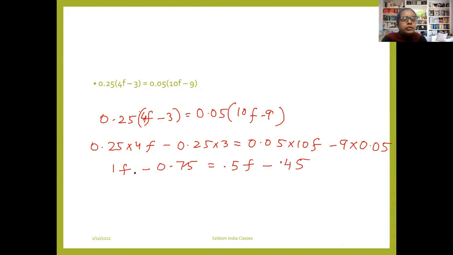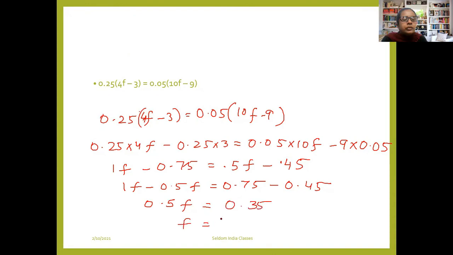Okay, move the f terms to the left hand side. 1f minus 0.5f equals 0.75 minus 0.45. Here we will have 0.5f and here we will have 0.3.